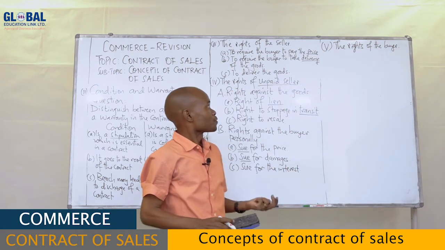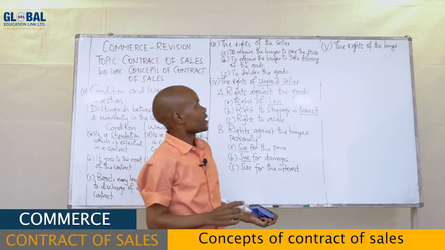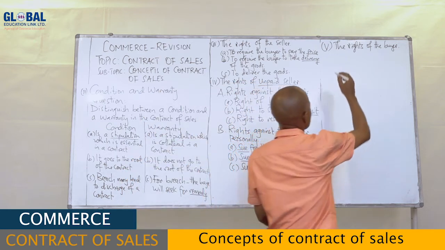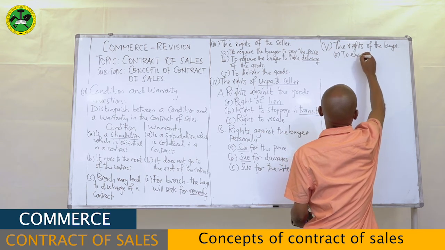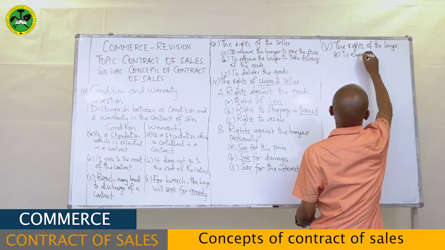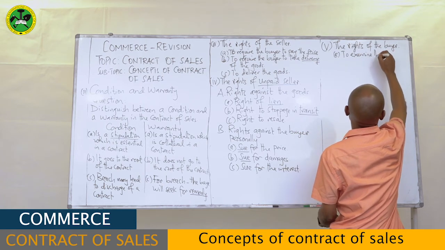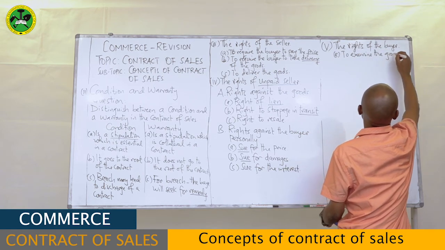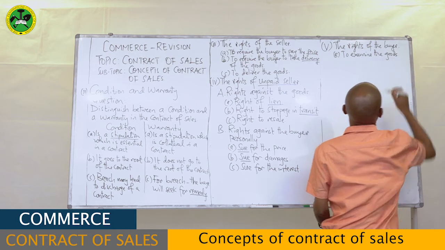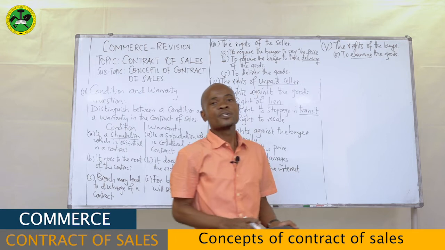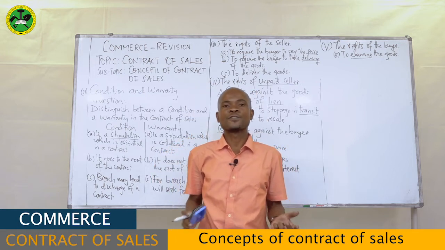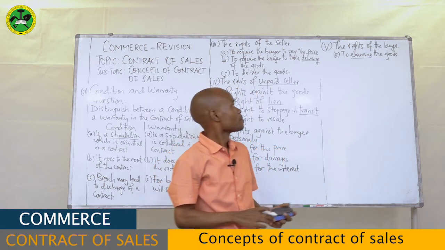Now, in the contract of sales, the buyer has the following rights. Number 1, to examine the goods. Here it means the buyer has got the right to inspect the goods if they are in a good condition.